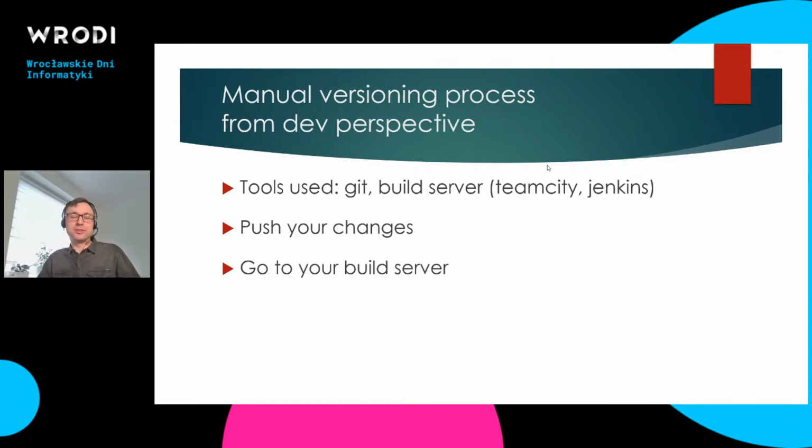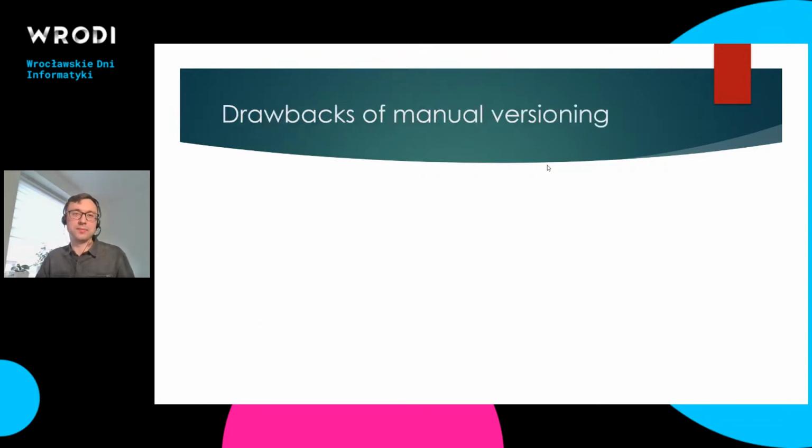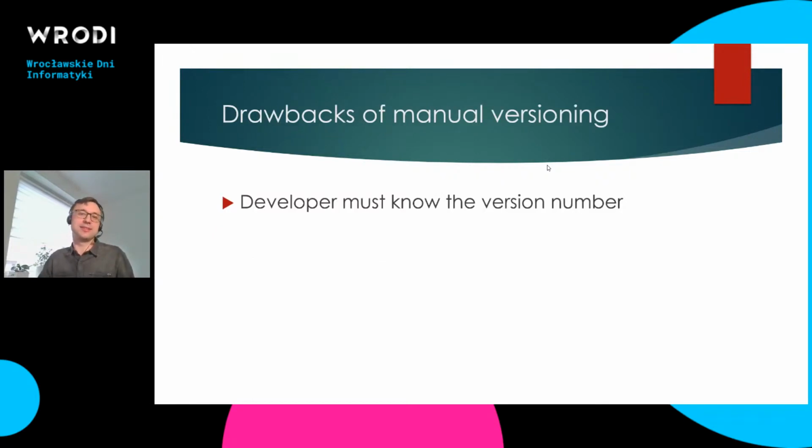So we need to go to the build server, adjust the version parameter, or maybe it's even stored in the repository. I mean, whatever. The parameter has to be somehow provided, and then we start the build. So this approach has quite a lot of drawbacks.